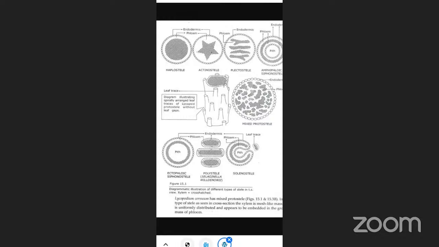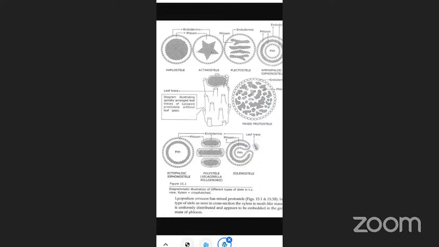During evolution, the stele in pteridophytes shows progressive variation from the protostele to the polycyclic dictyostele.